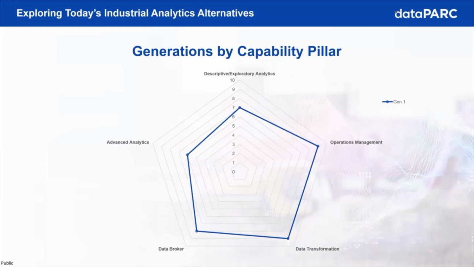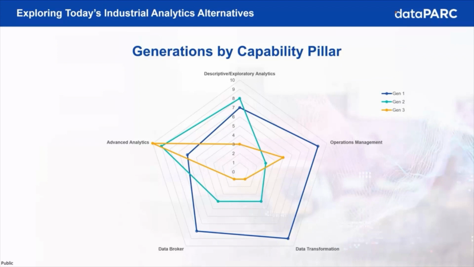If you get to Gen 2, you see that Gen 2 saw that white space and started moving into the advanced analytics layer, as well as the descriptive exploratory analytics. But again, being targeted more at advanced users, a little more focused in their approach. And then lastly, Gen 3 is very laser focused on using the algorithms of the advanced analytics pillar, and then trying to connect that to the operations management pillar for the recommended action.